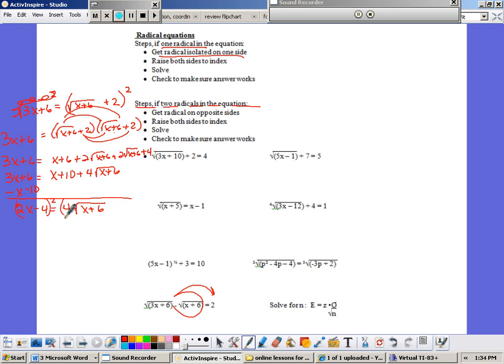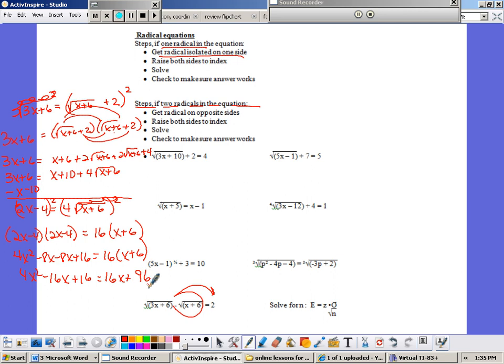I'm going to square both sides. So this becomes 2x minus 4 times 2x minus 4 equals 16. That squared goes away, times x plus 6. So I get 4x squared minus 8x plus 16 equals 16 times x plus 6. 4x squared minus 16x plus 16 equals 16x plus 96.